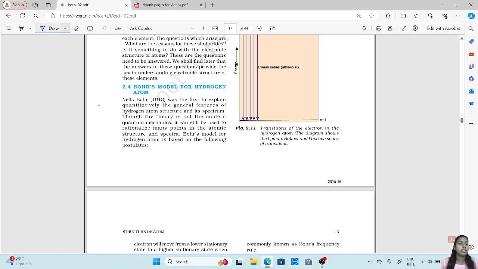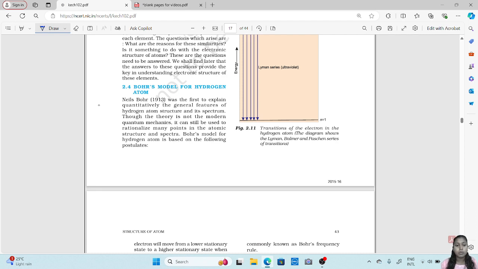So though the theory is not the modern quantum mechanics, it can still be used to rationalize many points in the atomic structure and spectrum. It is not the one which we follow now, that is the modern one which we follow, but it can explain certain points of the atomic structure and spectra.